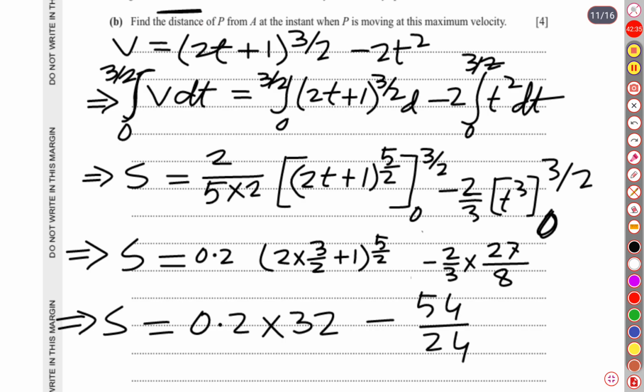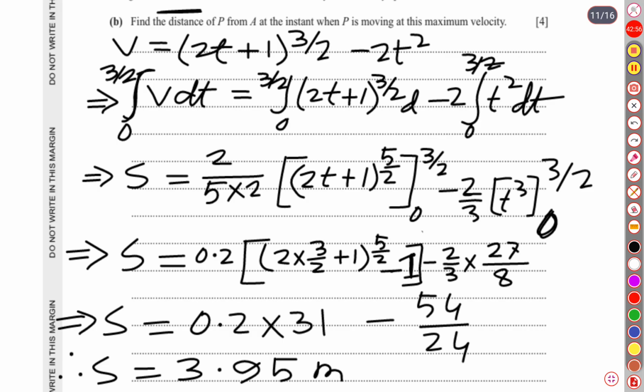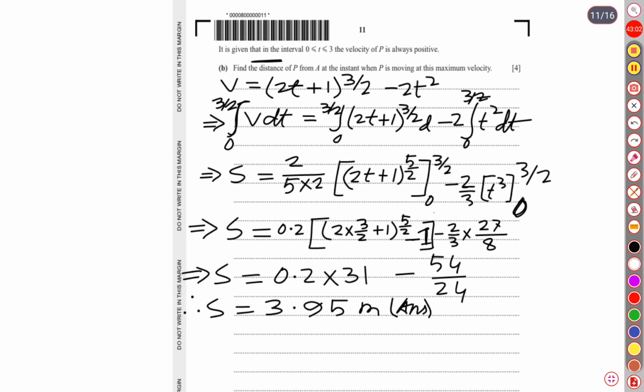It is not 32, it should be 31 actually, because we'll have to subtract 1. If we subtract 1, then it is going to be 31. And finally, our displacement traveled by the particle is going to be 3.95 meter. And that is the answer to this part of the question as a whole.